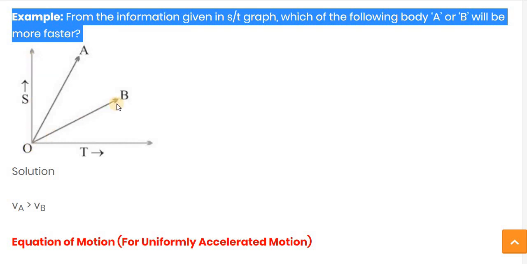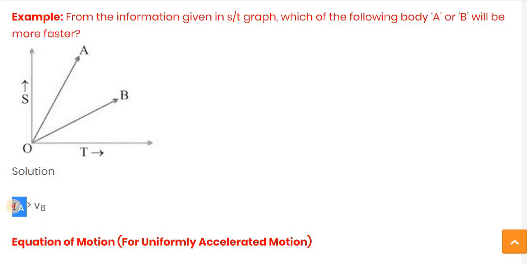And if we talk about B, it covers this distance. Here the time taken by object B is more to cover a lesser distance, whereas A is much faster than B. So we can write that object A is faster than B.